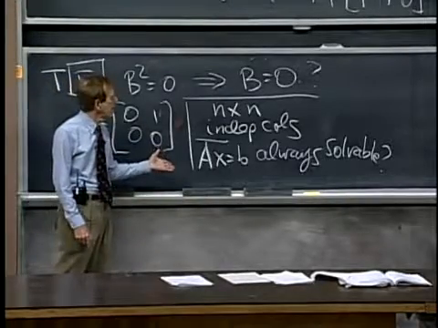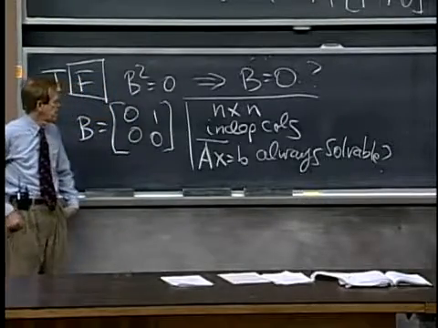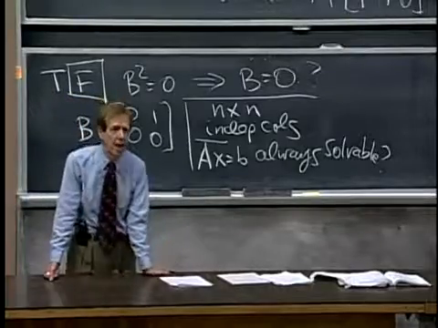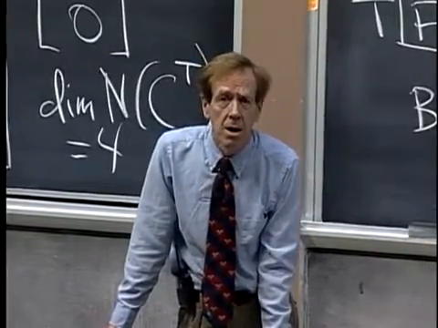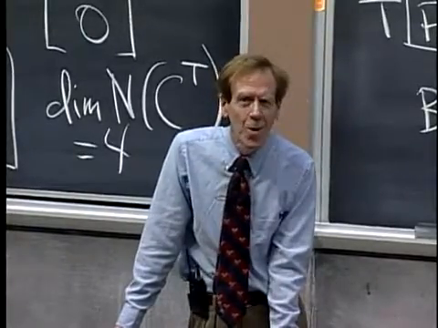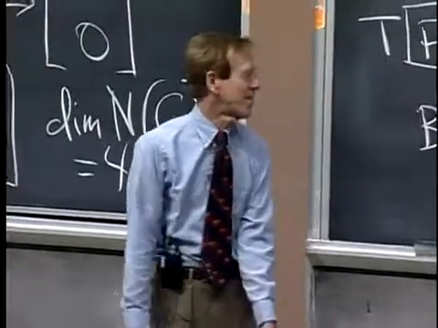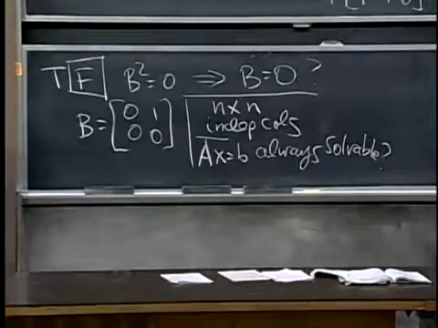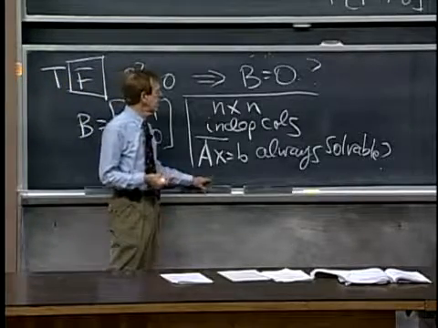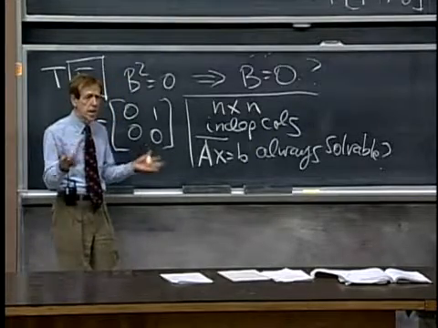Let me say yes. Yes or no. If I have a square matrix with independent columns, is AX equal B always solvable? Maybe just hands up for that. A few. And who says no? Oh gosh, this audience is not reliable. It's 50-50. I'd vote yes, because independent columns means that the rank is the full size n.